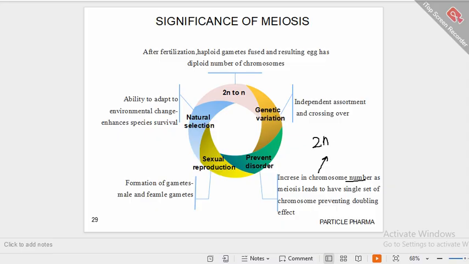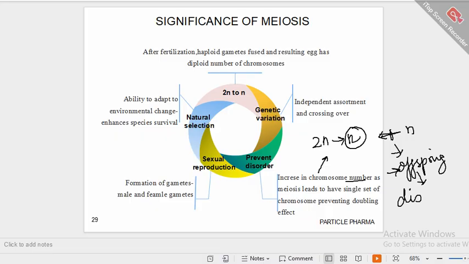Diploid to haploid cells are formed, and this haploid cell from another parent will fuse and form a new offspring. If polyploidy is seen in this offspring, it will lead to disabilities or disorders, which is prevented by meiosis. And we all know that it helps in the formation of gametes, male and female gametes, which are required for sexual reproduction.